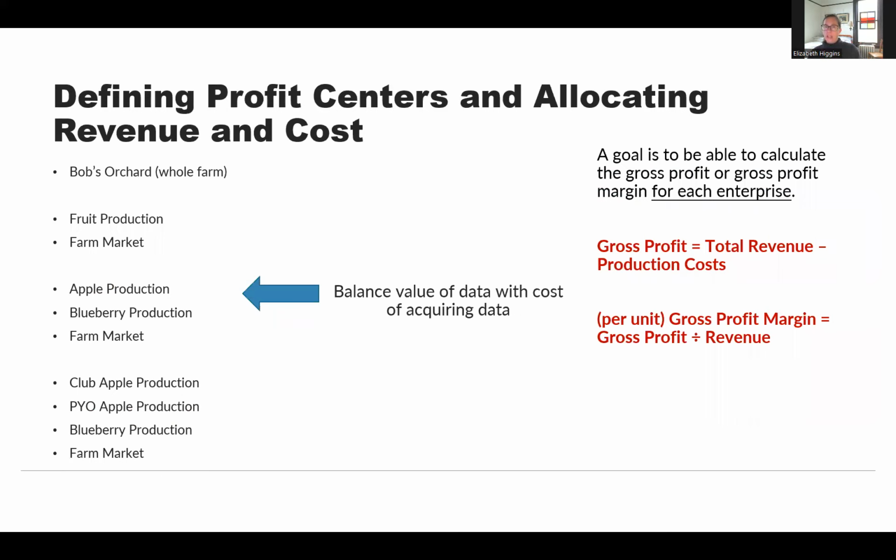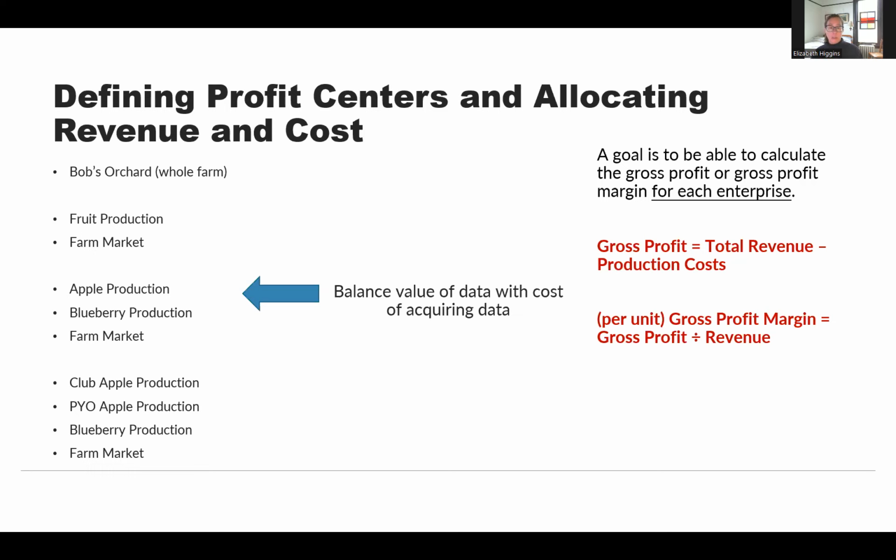As I touched on earlier, when you define your profit centers, the more you break them down, the more work it is, and the more complexity there is in the data analysis. So you always want to be balancing the value of that information with the cost of acquiring that data.